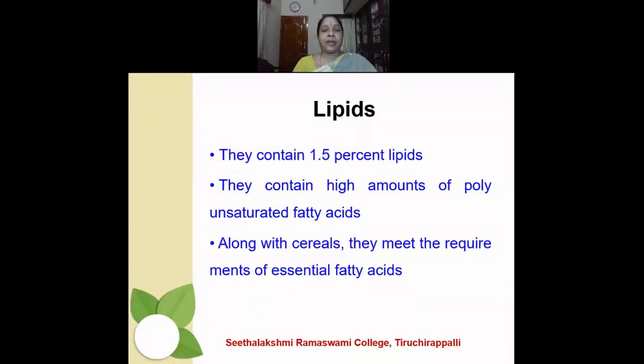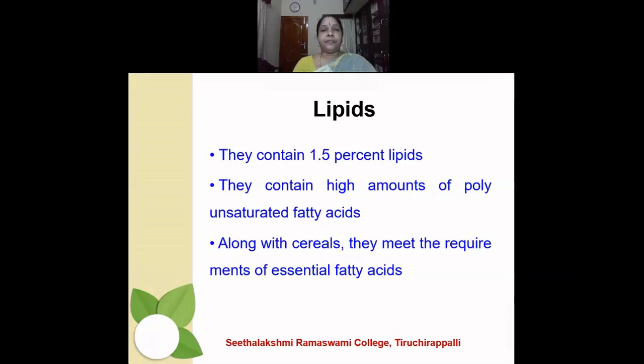Lipids are also present in the pulses. Pulses contain about 1.5% of lipids and they contain a high amount of polyunsaturated fatty acids. Fatty acids are of different types. They are saturated and unsaturated. This is the basic classification.